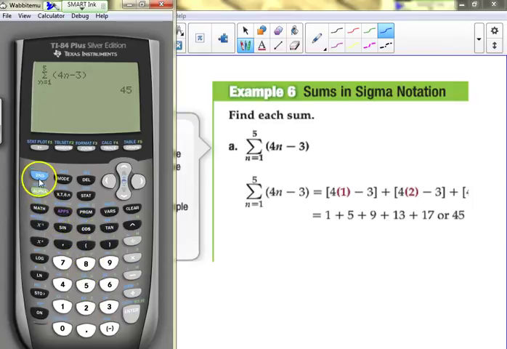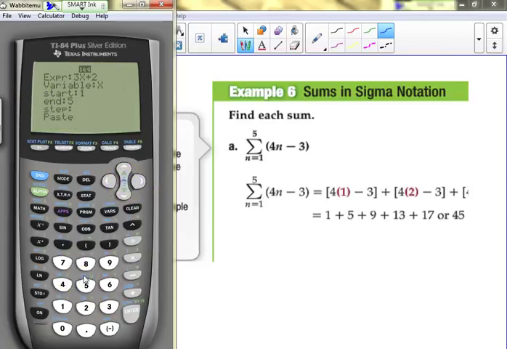But the other way to do this, if you didn't have this, guys, you would have to go second list, over twice, and find the word sum. Then second list, sorry, second stat. Second stat to list. Over right to the once to find sequence.